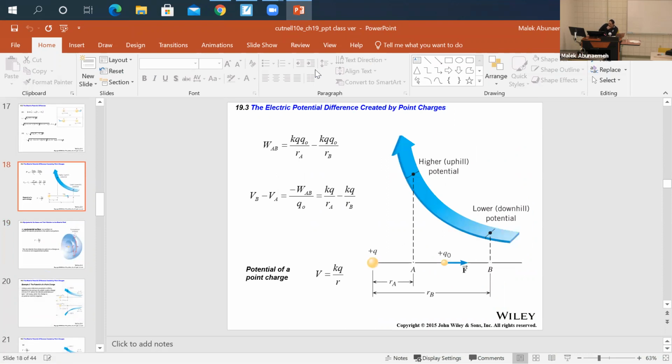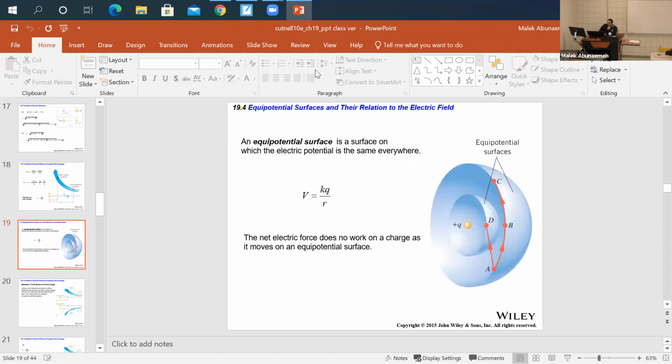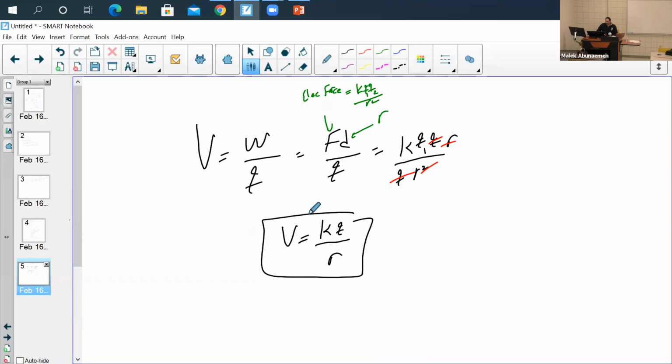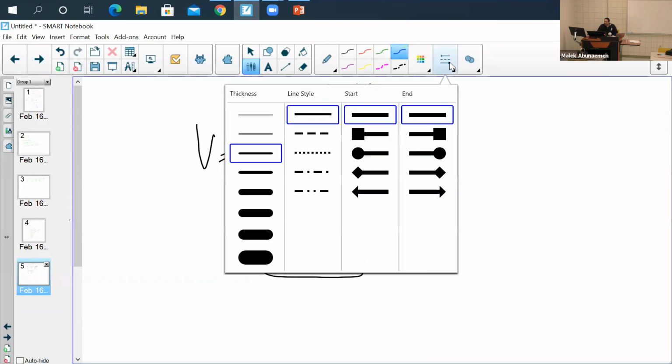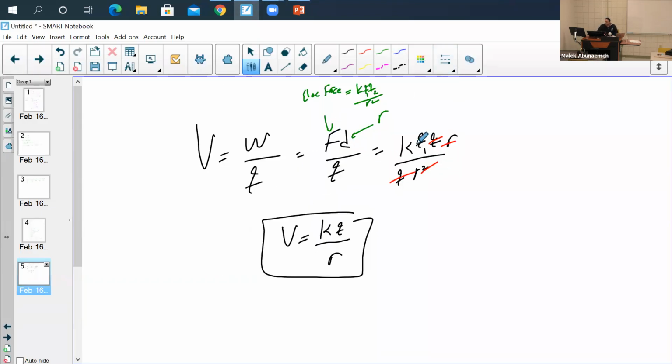And this is actually what we just did. We defined the potential for a point charge as your electric constant multiplied by Q divided by R. Actually, let me just write this down over here. K is your electric constant.